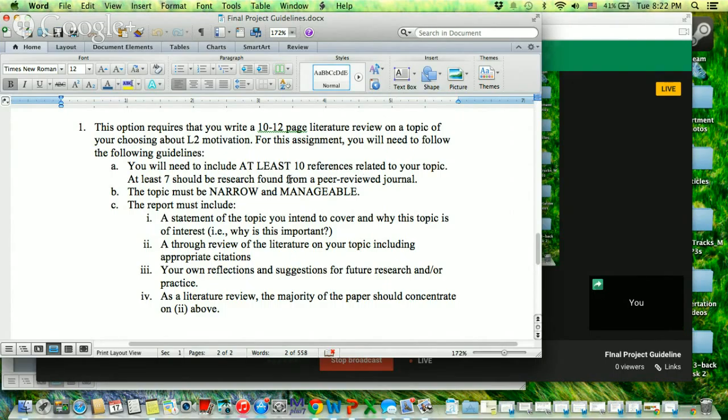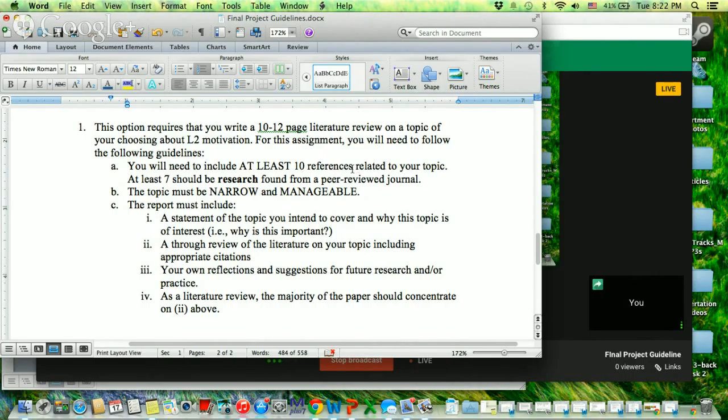All of them should be from peer-reviewed journals, but 7 of them should be research, some sort of a study that's been conducted. The other 3 could be review articles if you wanted them to be, but they should all be from peer-reviewed journals.